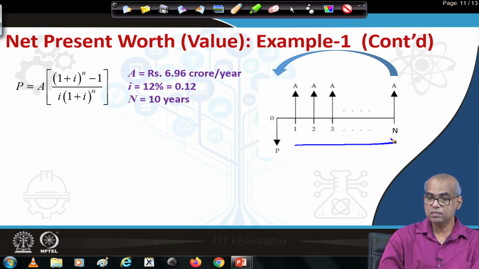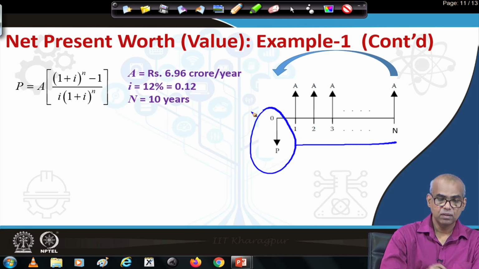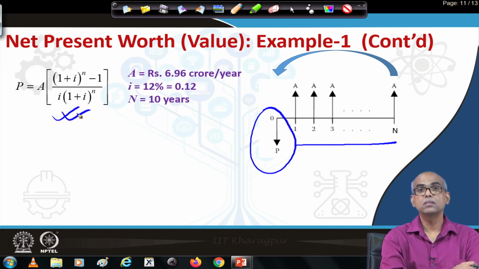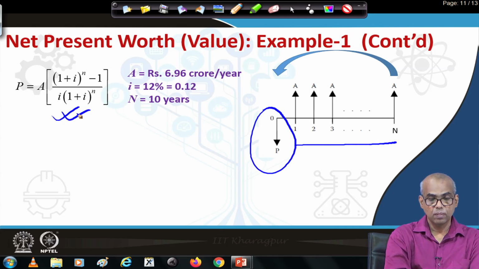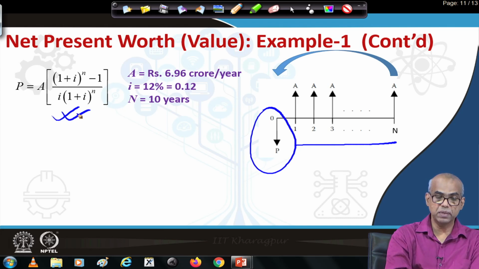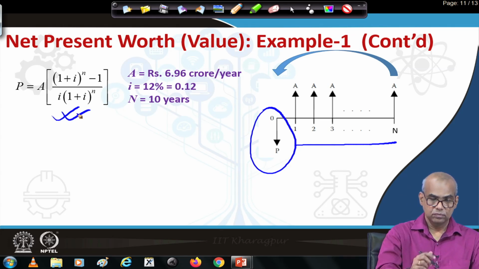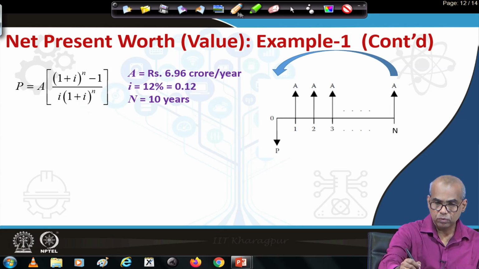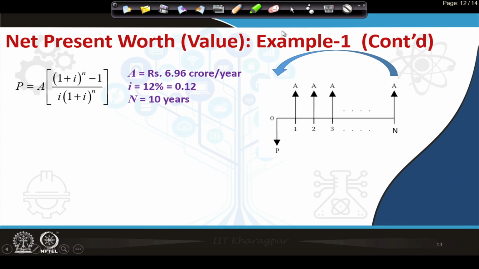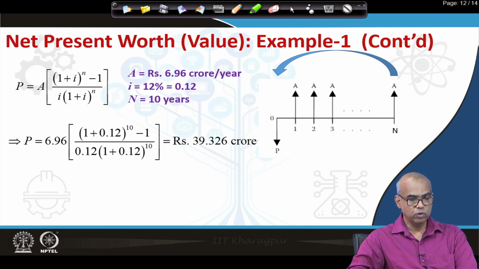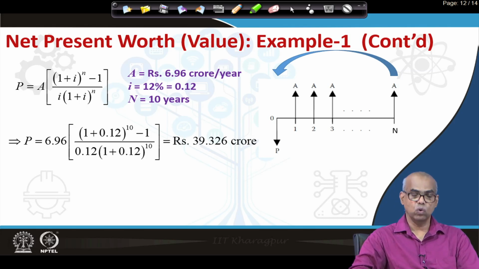So, all these A's need to be converted to the present worth P. For such a uniform payment series, we know the formula which relates P and A. If you now substitute all these quantities, you get P as 39.326 crore.